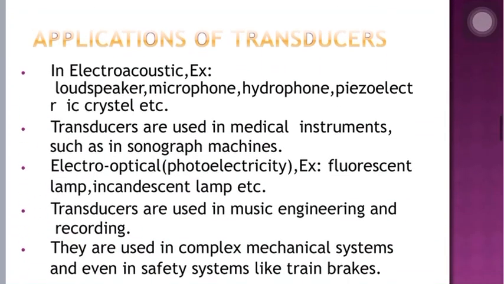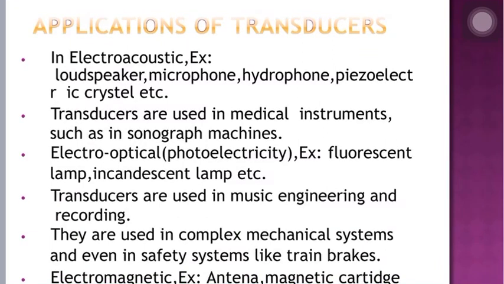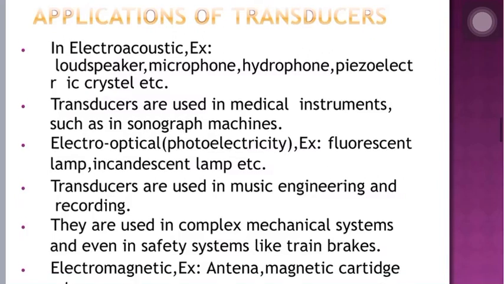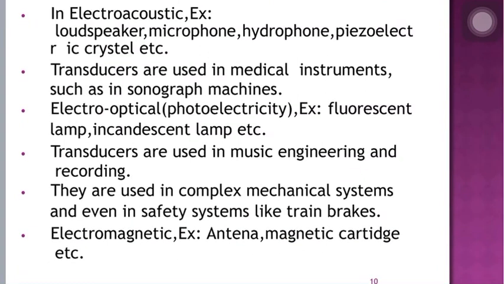And coming to the applications of transducers, they are used in electroacoustic devices. Examples: loudspeaker, microphone, hydrophone, piezoelectric, that is crystal, etc. Transducers are used in medical instruments such as in sonograph machines. And third, electro-optical.